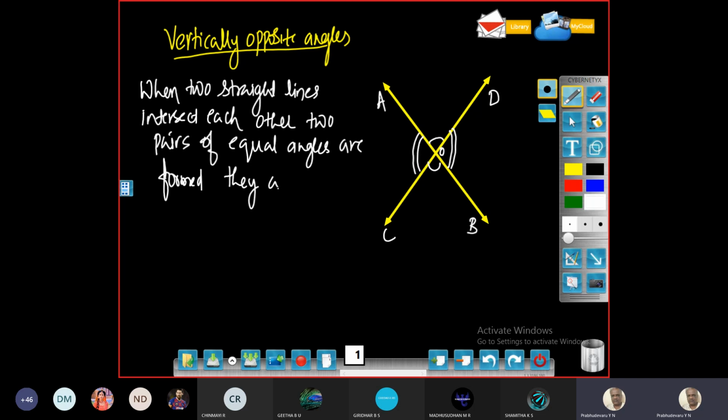And they are called vertically opposite angles.